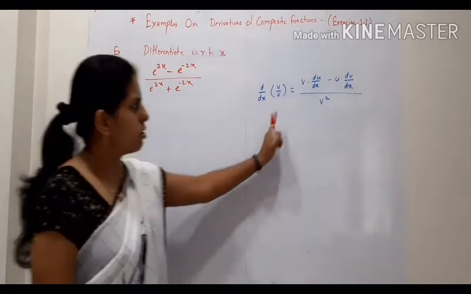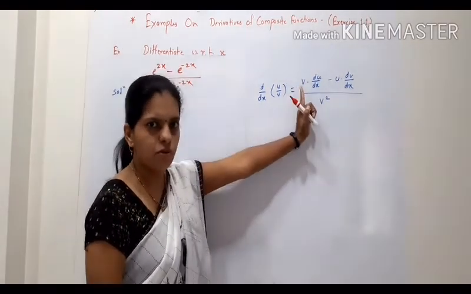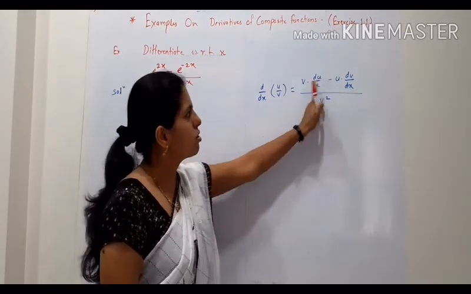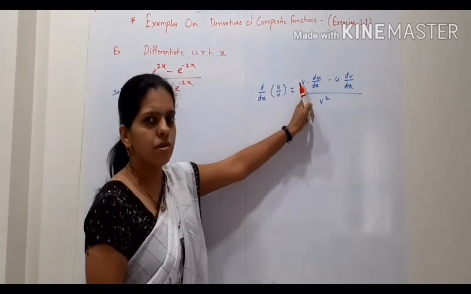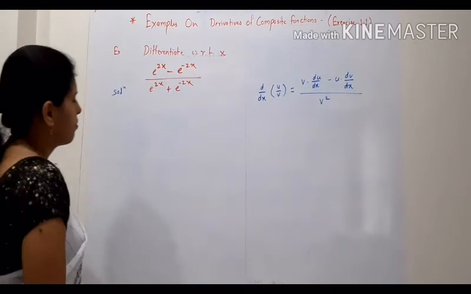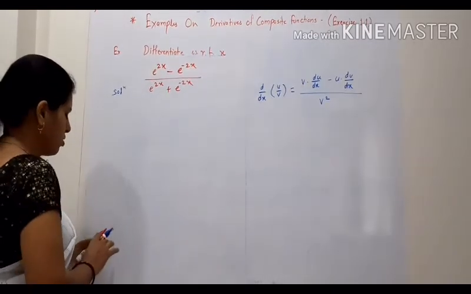See, the quotient rule acts like the product rule, only the change is the minus here, and the first term is v. So we are simplifying for this.